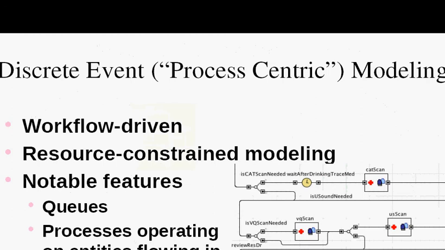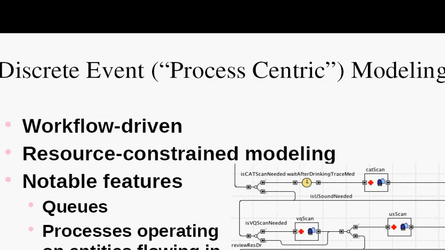There's a set of processes operating on the individuals as they flow through, and we have these flow charts or workflow diagrams that depict their evolution, and these resource pools that are often specified in an interchangeable fashion. So we have a set of clinicians that can operate on people, and the question is how many of them there are, not their individual characteristics.